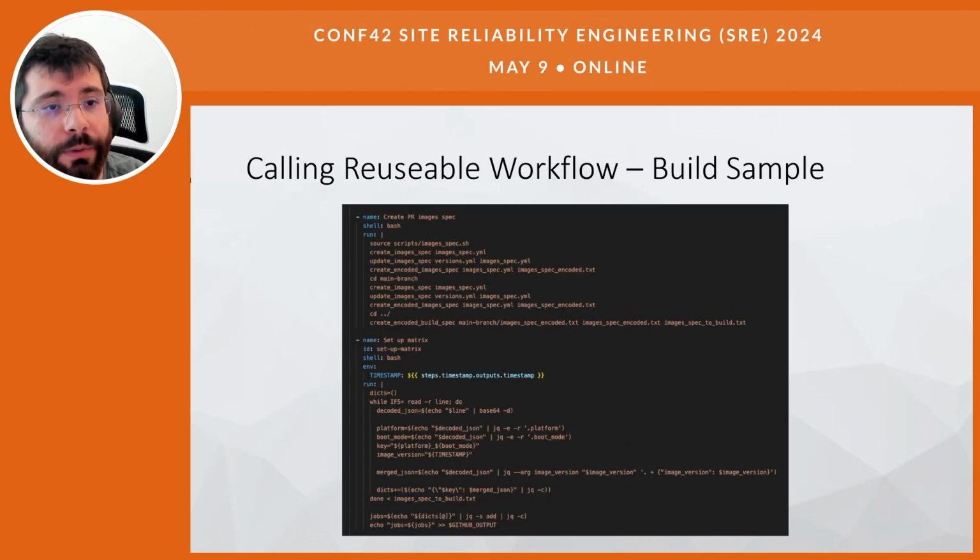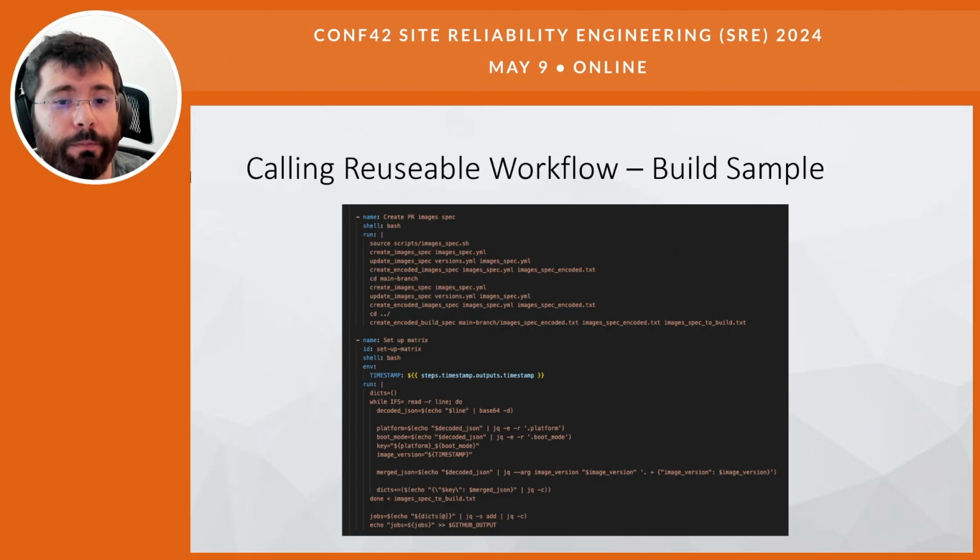How do we call this reusable workflow, right? So we have another workflow that is executed by PR changes. And then this workflow has different jobs. So it has a job to generate the jobs. So here we are saying, okay, I changed the spec file, compare with the spec file in the main.